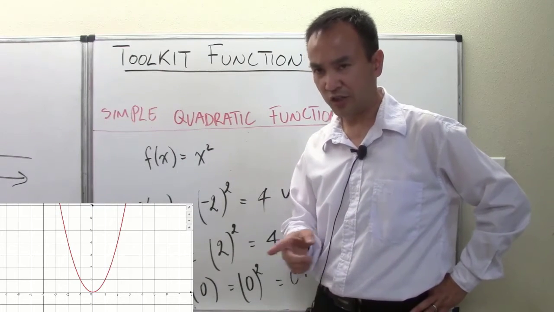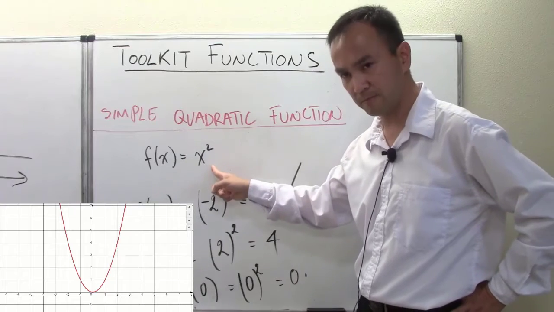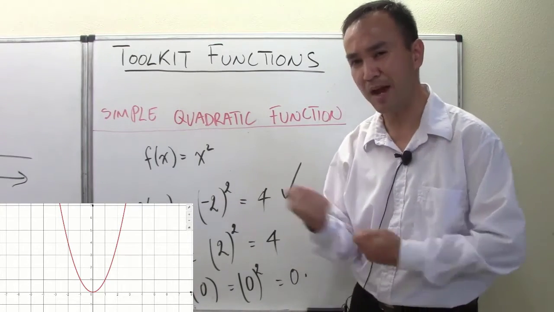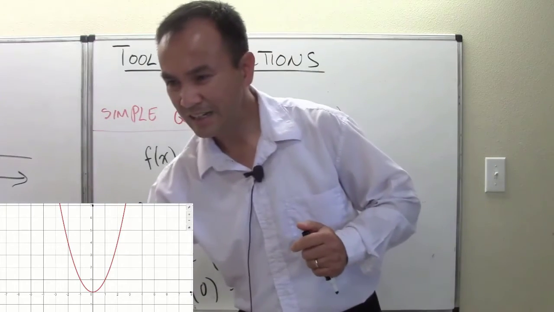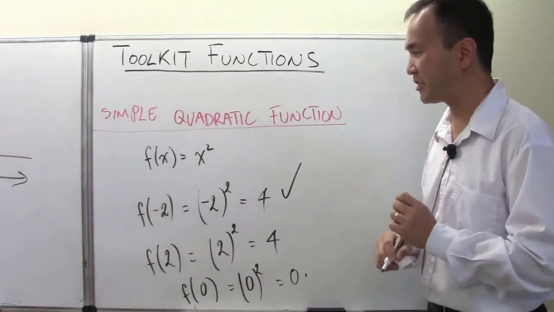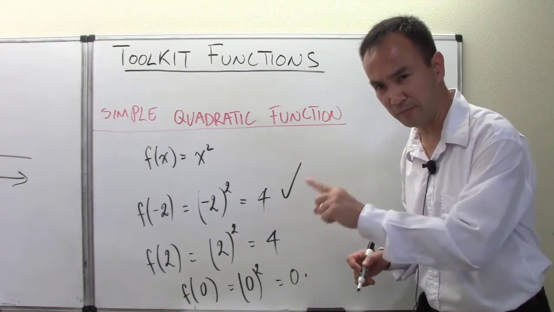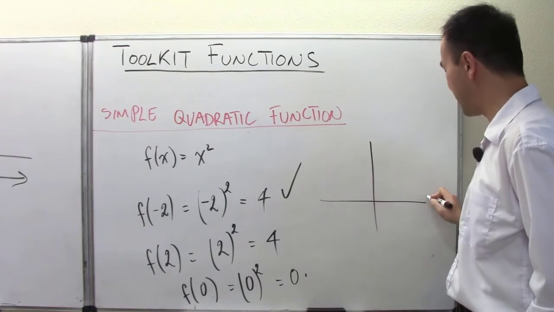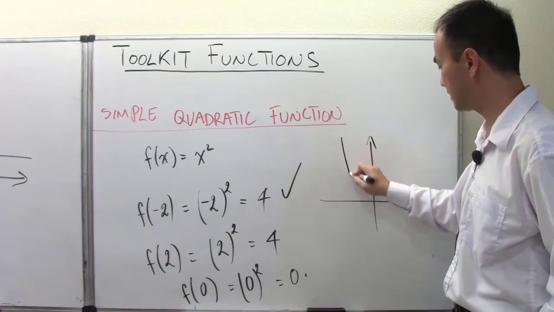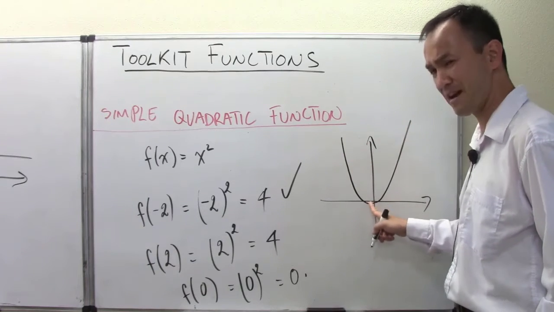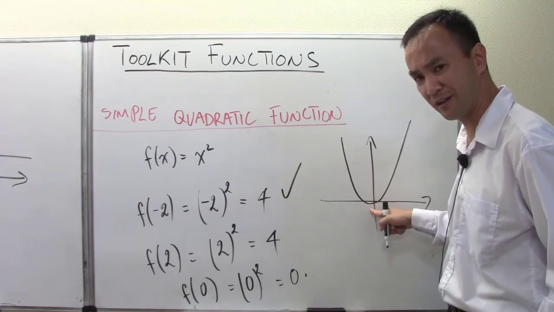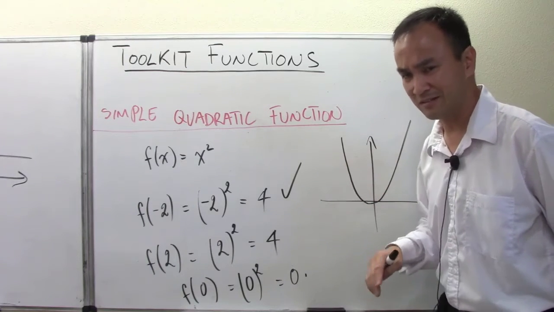For this specific f of x equals x squared, you can close your eyes and imagine the following. Anytime the term simple quadratic function comes to your mind, imagine for yourself a cup. I intended to draw exactly with the vertex at the origin, but I'm already off scale right there because I'm a human being.